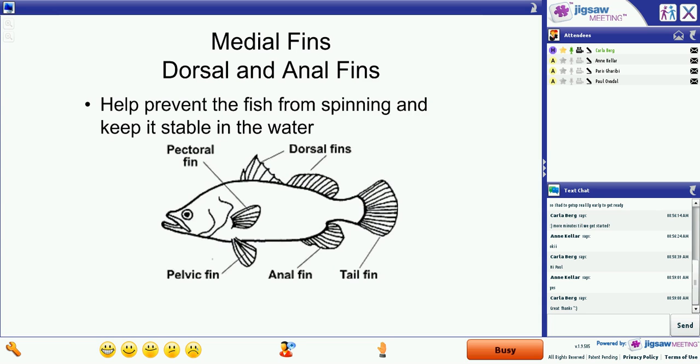If you have a sailboat or have ever been on a sailboat, the rudder of the sailboat keeps it straight up and down, or only allows it to tip a certain distance either way. That is what the medial fins, so the dorsal and the anal fins, do.